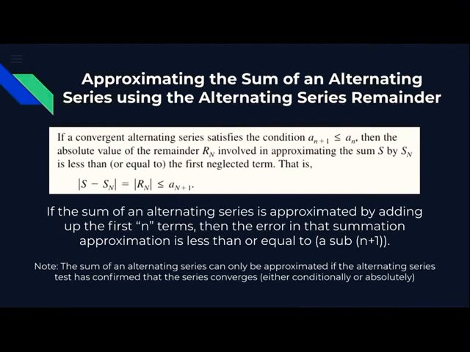So the absolute value of s minus s sub n is the error, and that is equal to the absolute value of the remainder, which is less than or equal to the first neglected term.